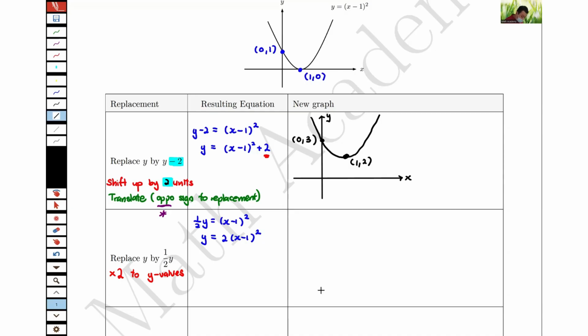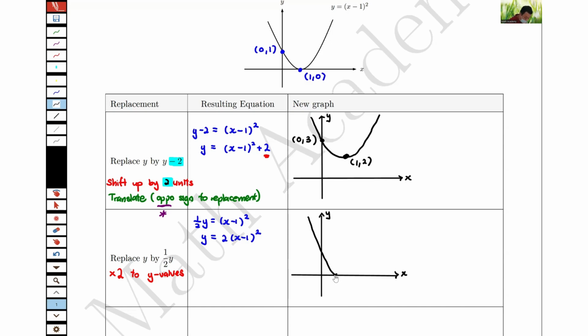Get the graph drawn out again on that right-hand side. We take reference from the original graph at that top. We multiply 2 to all the y values. So you think of it as you are stretching your graph top and bottom.